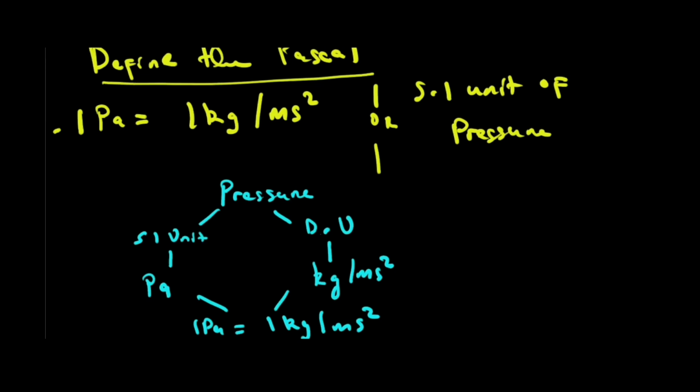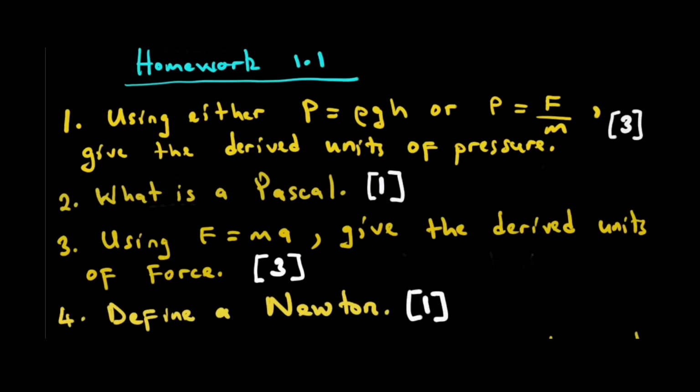In your homework, I'm going to task you to derive the derived units of work, or energy, and to define what the joule is. This is going to be your homework. Number 1: using either P is equal to rho gh or P is equal to F over A, give the derived units of pressure.